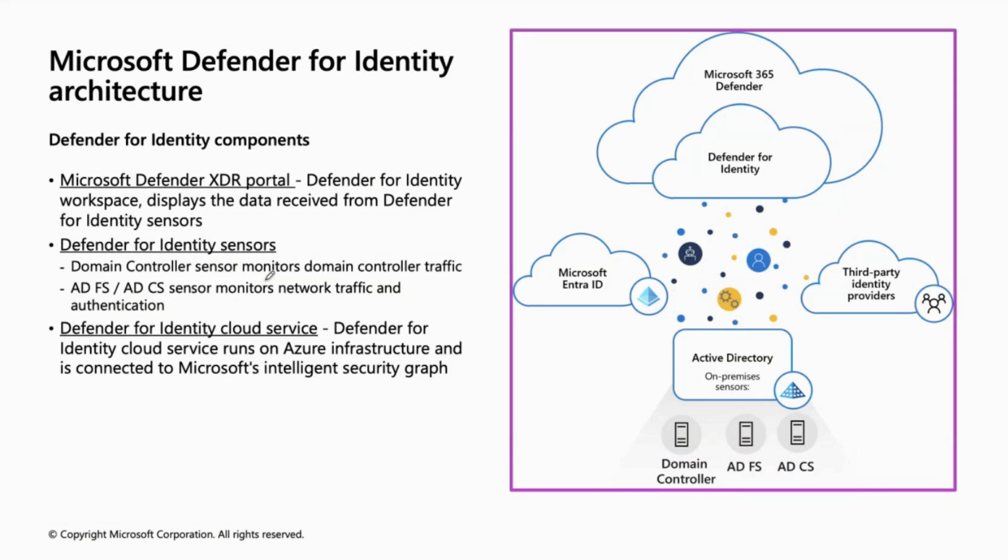So team, as we discussed, Defender for Identity is a cloud solution that leverages your on-prem Active Directory. All these Active Directory signals are used to identify, detect, and investigate advanced threats, compromised identities, and malicious insider actions directed at your organization.